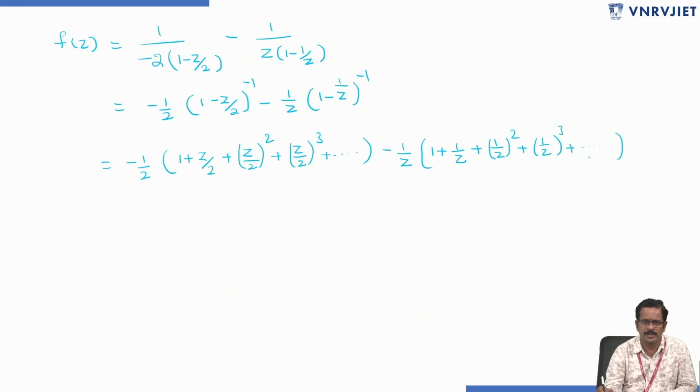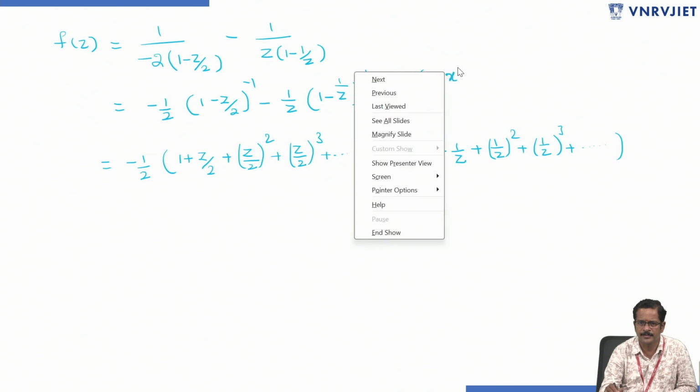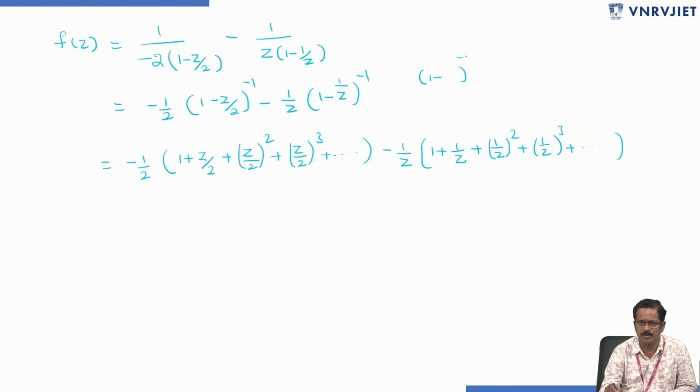These expansions are by the formula 1 minus x whole power minus 1, which is 1 plus x plus x square plus x cube and so on. This formula I applied here.